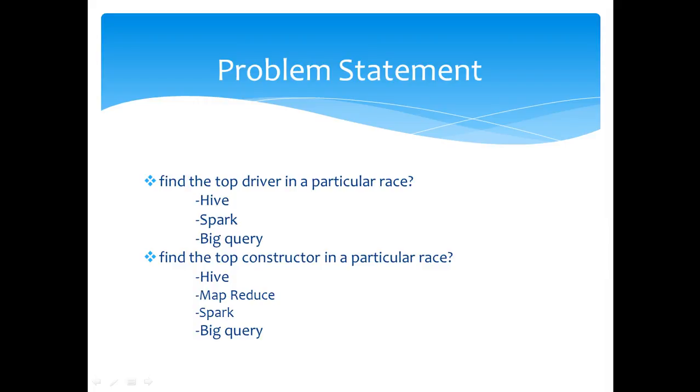There are around 1009 races, so finding the top one in just one of the races is going to be a hurdle for normal relational databases. In our project, the technologies I am showing for the first problem are Hive, Spark and BigQuery, and for the second, Hive, MapReduce, Spark and BigQuery.